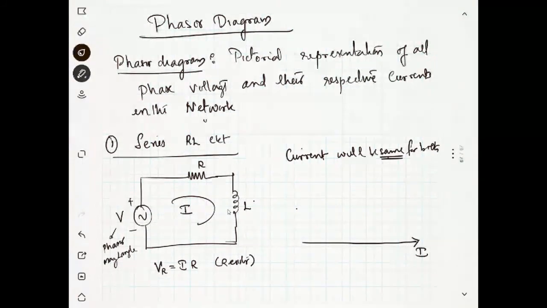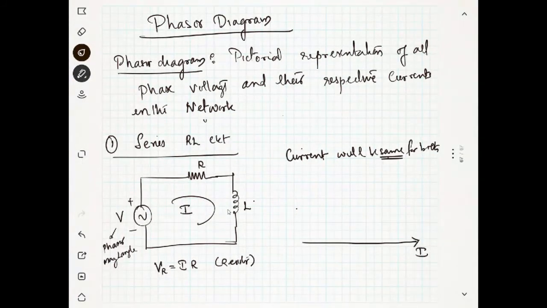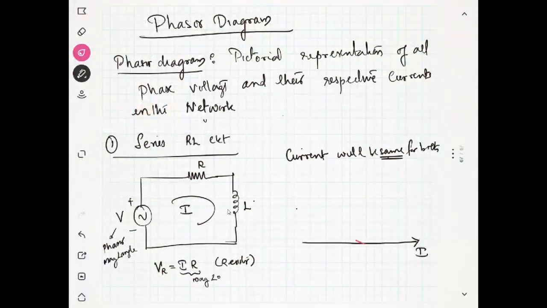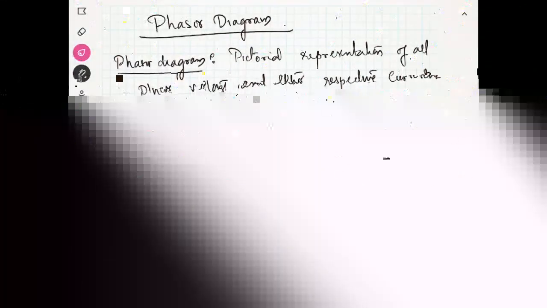Everything is real and it is not changing any direction since there is no complex number. It is just a magnitude, there is no other phase for it. The angle is zero actually. So it doesn't make any change to the direction, and the voltage across the resistor will be in the same direction as the current. Like this I can show.